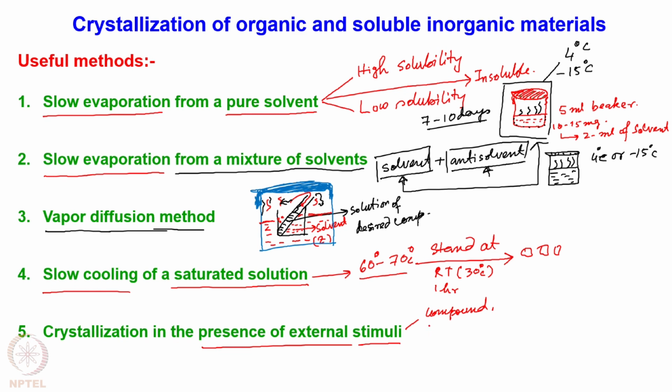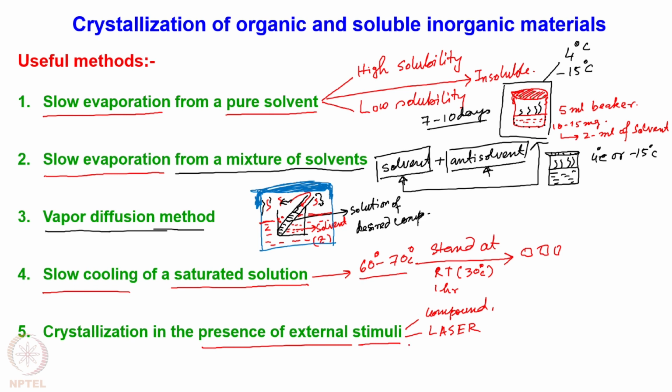The external stimuli can be a laser beam. Recently, there are reports where a solution which is being irradiated with a given laser of a particular wavelength generates a local heating, and on withdrawal of that local heating, the crystal growth starts.